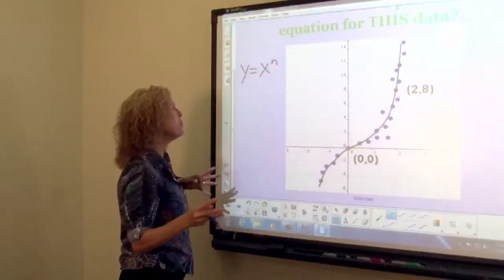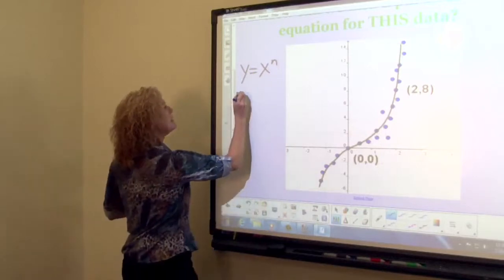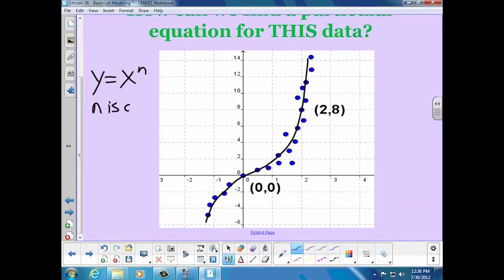And you might remember when we talked about these power functions that if n is odd, they tend to make this S curve shape. And if n is even, they tend to make the U shape, kind of like a parabola.